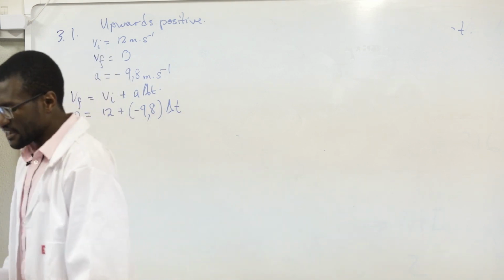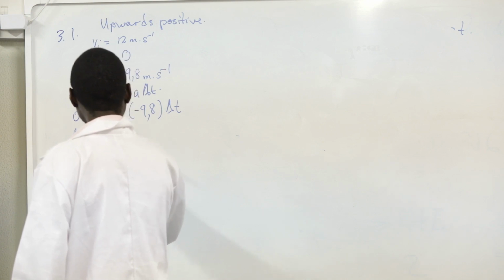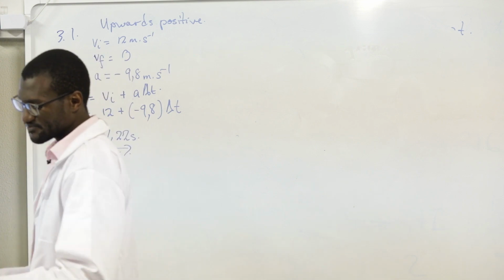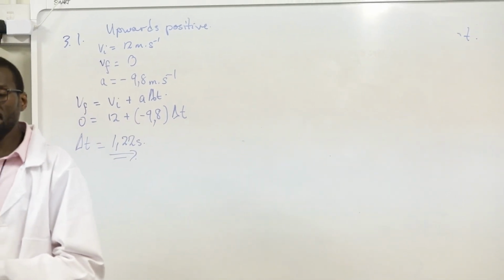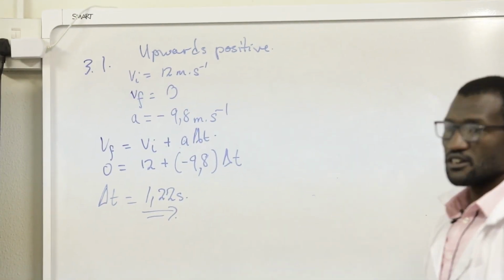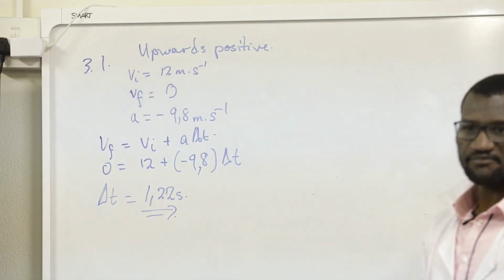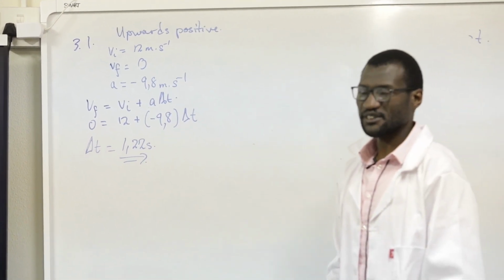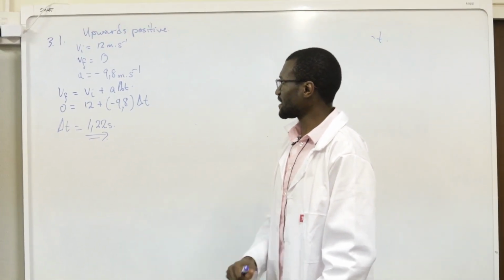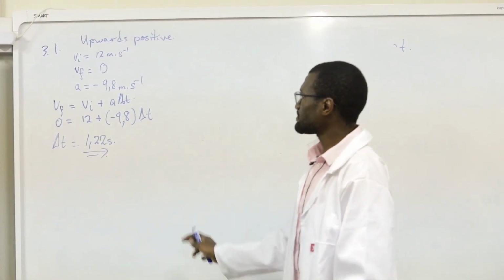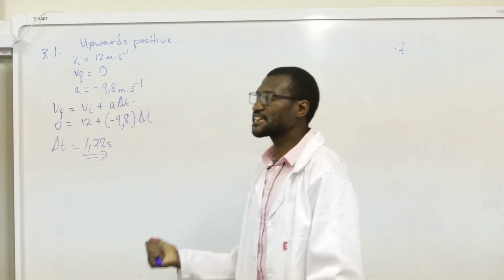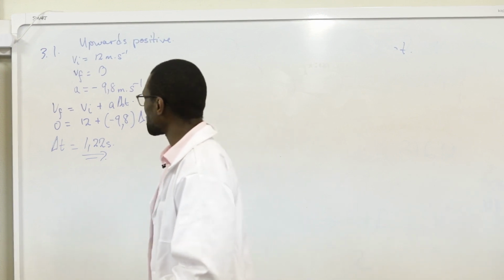Solving this equation, I should get a value of 1.22 seconds as the time taken. Now, with these questions to do with equations of motion and projectile motion, remember there are four different equations that we can choose from. Sometimes it's not only one equation that's applicable in answering this question.